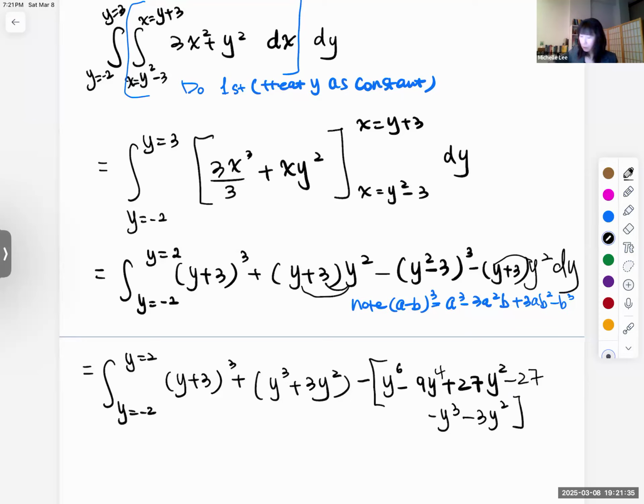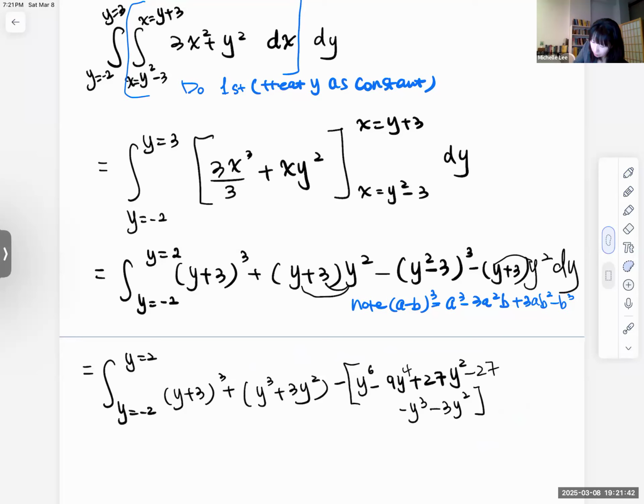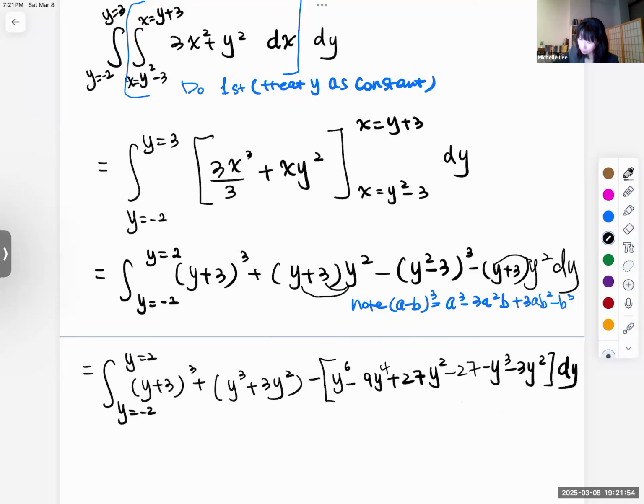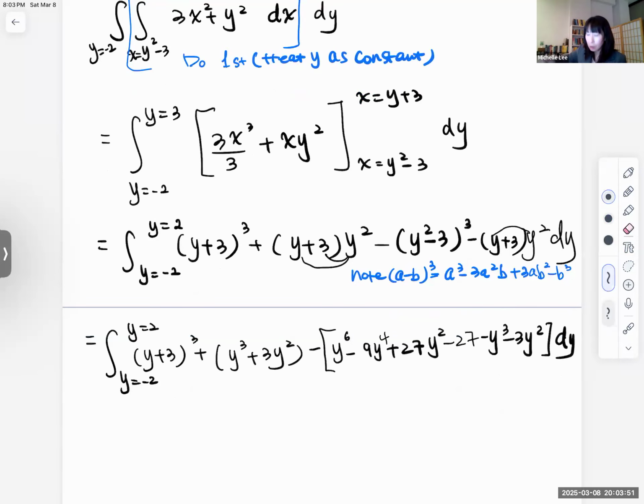Then dy. Minus y to the third minus 3y squared dy. Okay, let's combine like terms.